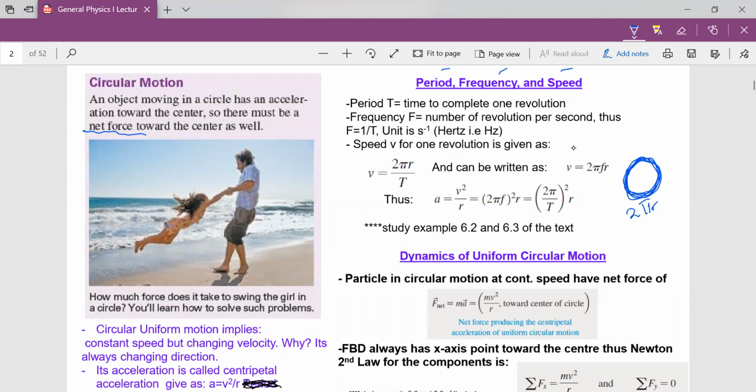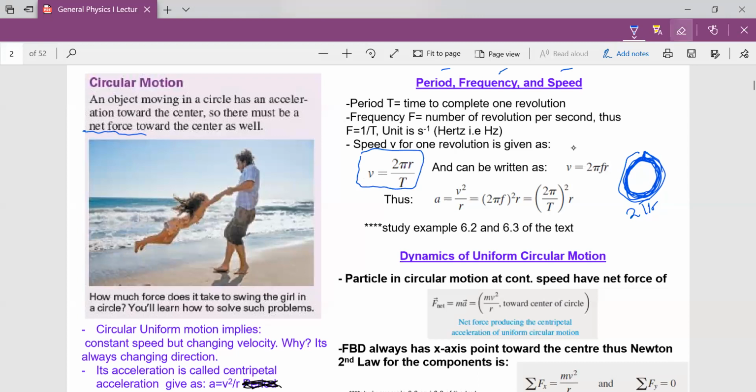So if an object should travel around and come back to its starting position, the distance it covered is 2 pi r per time T, or the period, because we have defined period to be the time taken to complete one revolution. So that is how we came about this formula for the speed of objects taking one revolution. So the speed v for one revolution is given as v equals 2 pi r over T.